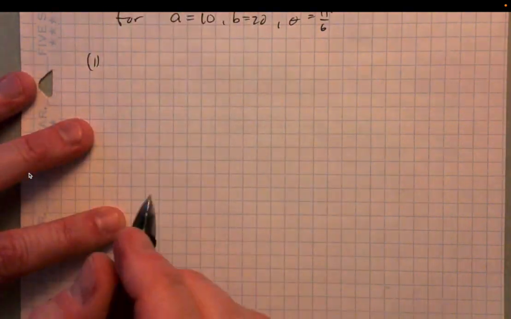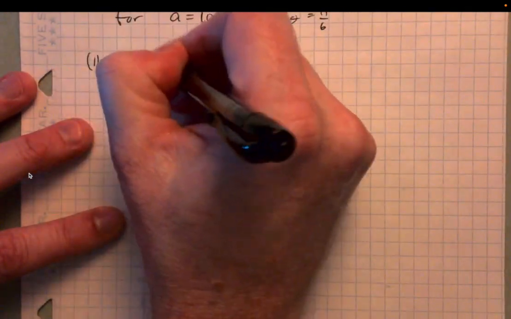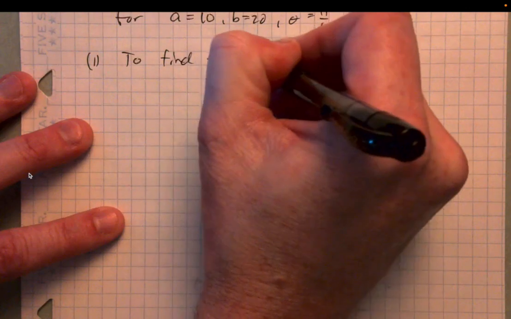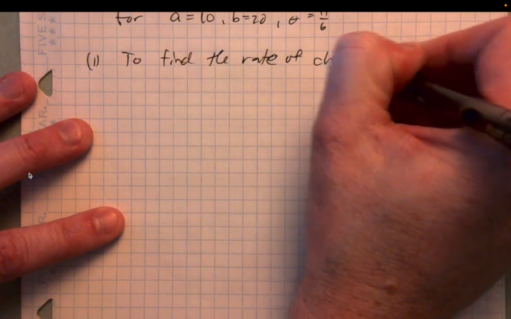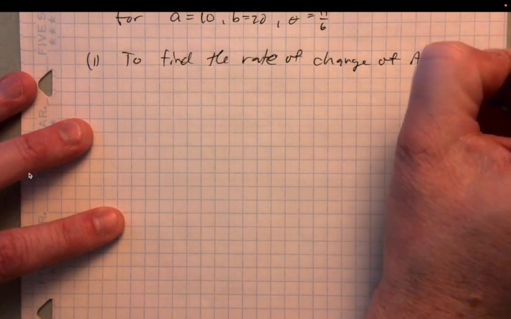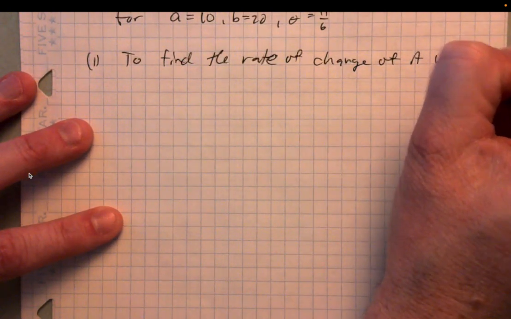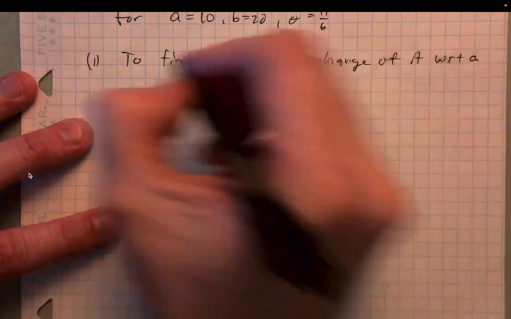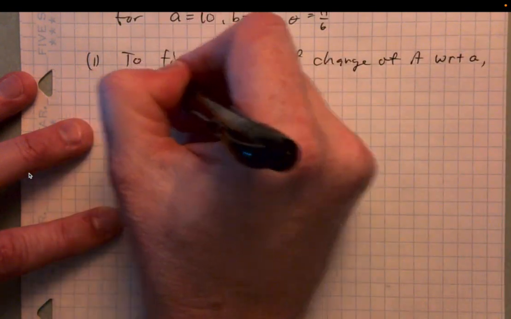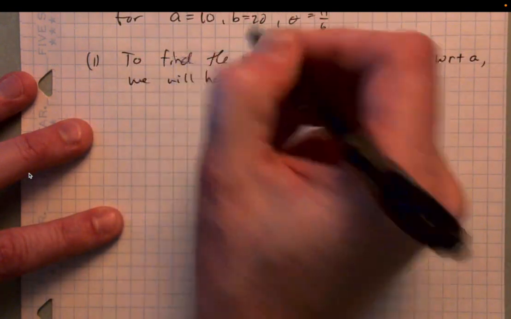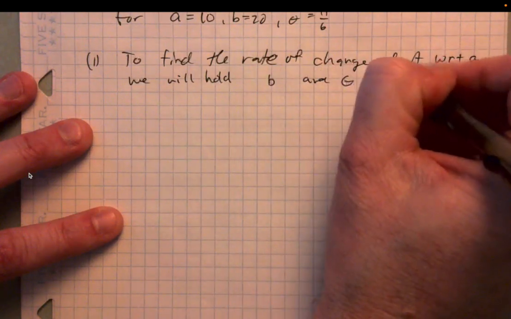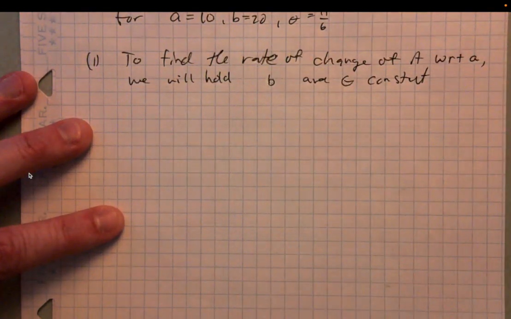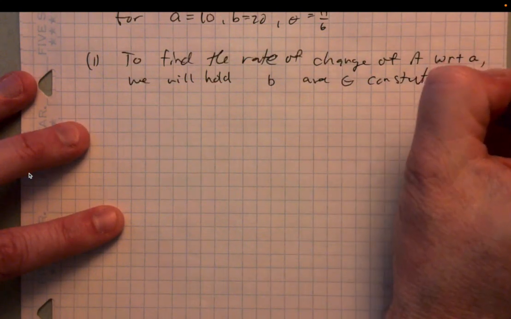So to find the rate of change of the area, big A, with respect to little a, what are we going to do? Well, we will hold b and theta constant and differentiate with respect to little a.